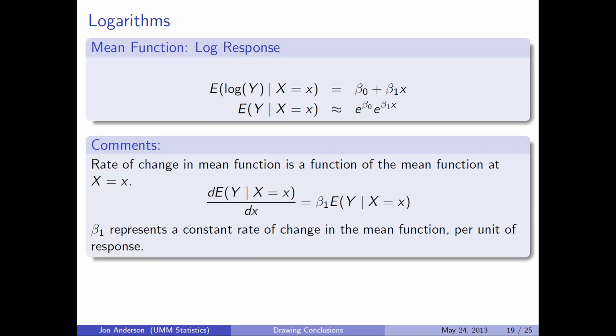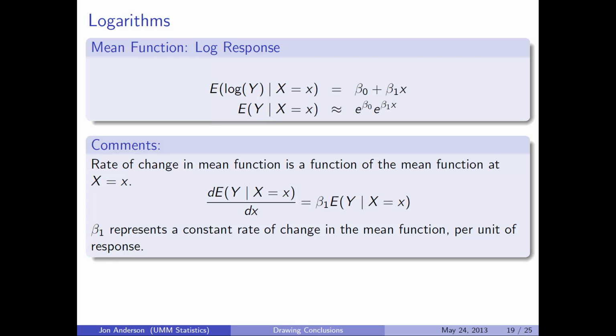If the mean function for the logarithm of the response variable is a linear function, beta naught plus beta 1 times x, how does the mean function of just y change? And you'll see it's this complicated multiplicative function involving terms beta 1 and x, and also beta naught. If you want to study how this mean function changes, it changes as a function of beta 1, but beta 1 multiplying by the overall level of the mean value of y.